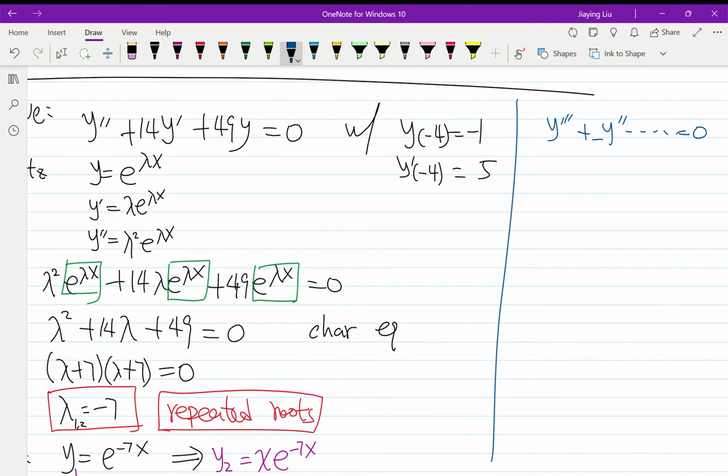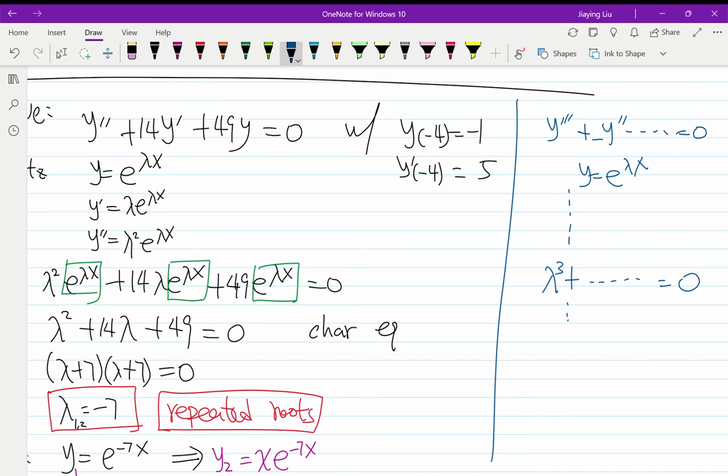It's still linear, constant coefficient, homogeneous, right? And then we follow the same ansatz, and we plug the derivatives into the differential equation. We get the characteristic equation, probably lambda cubed, and something equals 0. And we solve this.